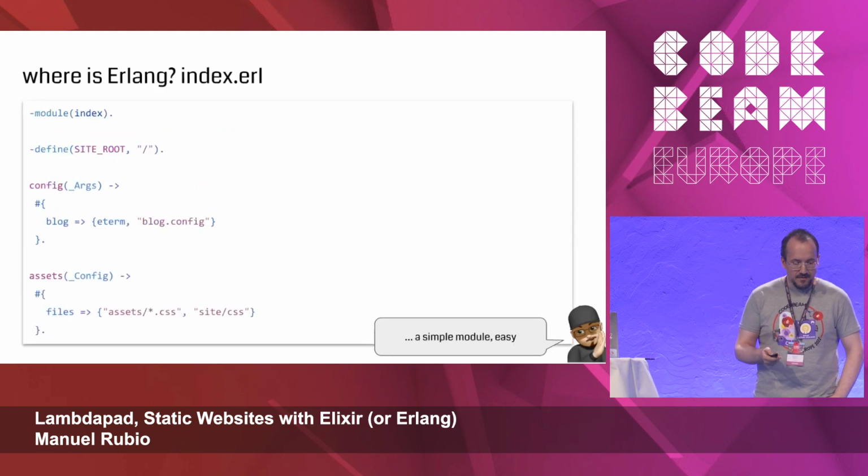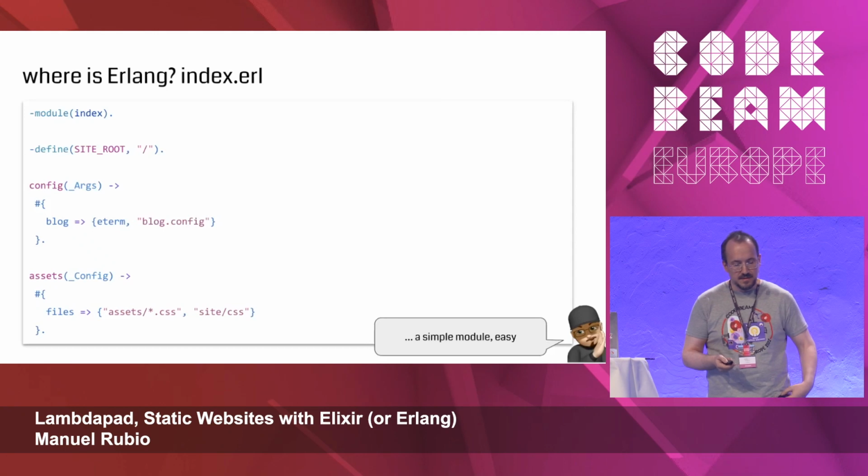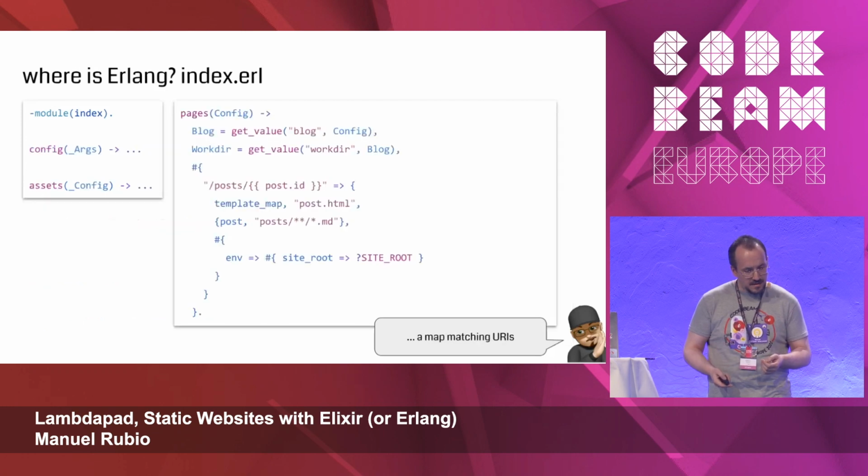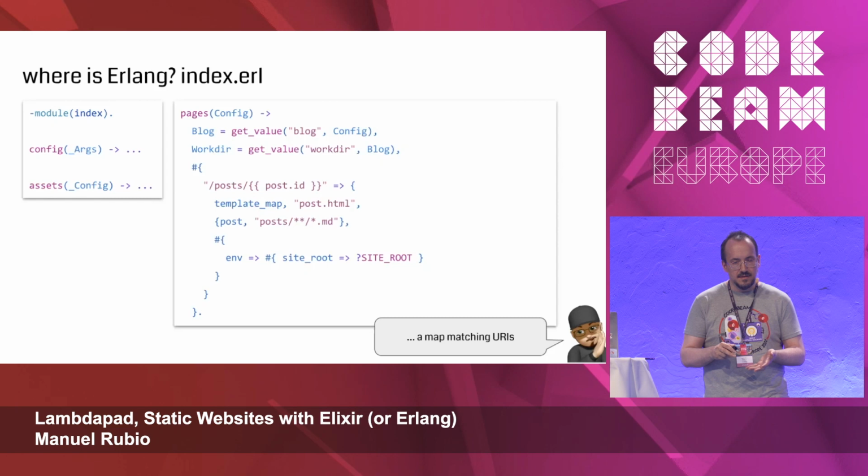And this is the format of the index. This always generates a module called index, and then we have the configuration part, a function called config, where we put exactly the same configuration parts, the assets, and we can put the pages function, which should return a map with a key that is the URL for the generation of the pages and the configuration inside.